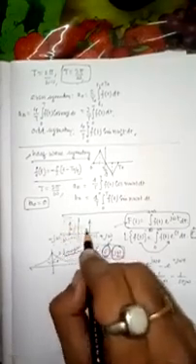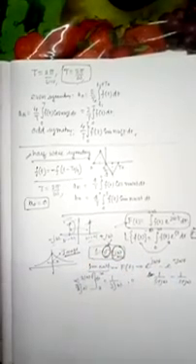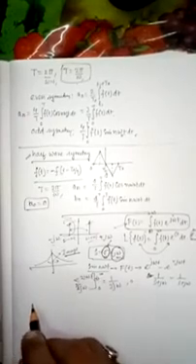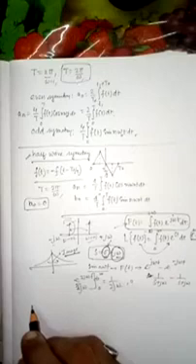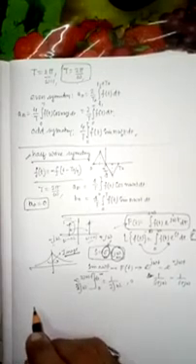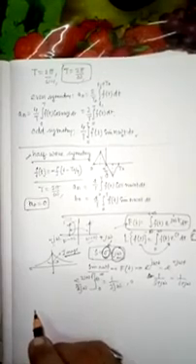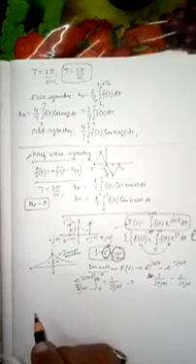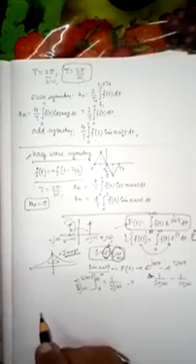This is part of communication, so we don't go much further into this. So this is the basic of the Fourier transformation. In the next classes of the Fourier transformation, we will do a lot of mathematical problems so that we have a clear-cut concept and clear marks whenever the question is asked in any semester examination.